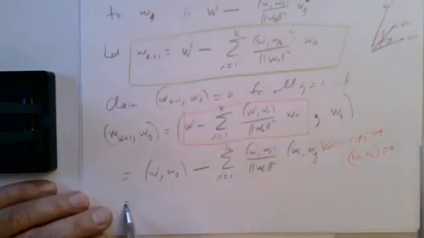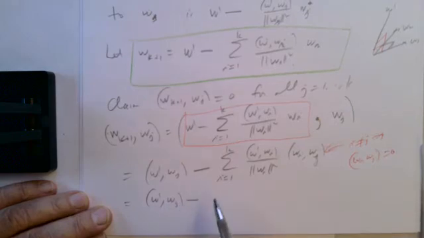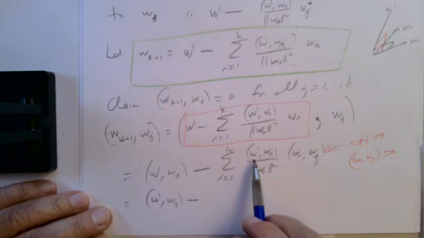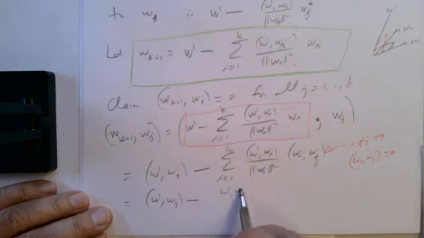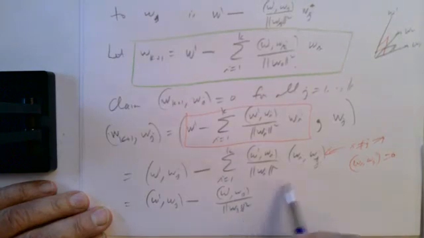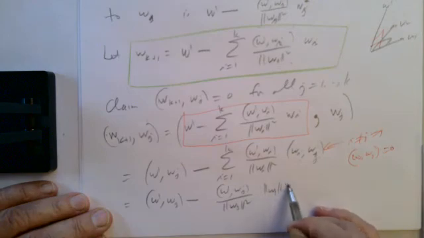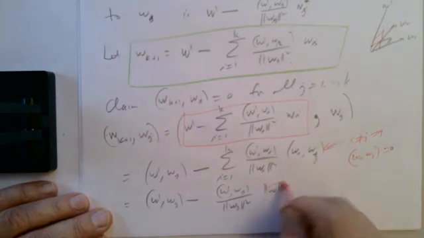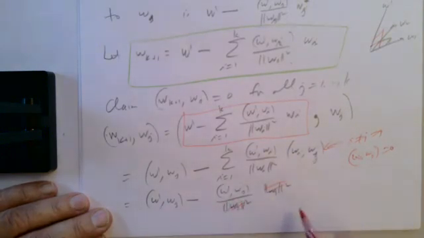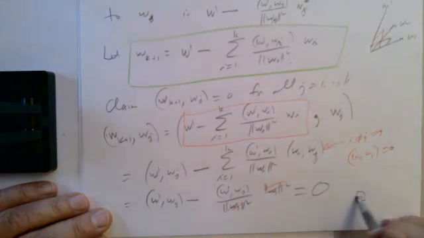And in that case, this is the inner product of W prime and Wj minus, you only have the case when i equals j, so this is W prime Wj over the length of Wj squared. When i equals j, this is the length of Wj squared. These cancel, and then these cancel, and we get 0.